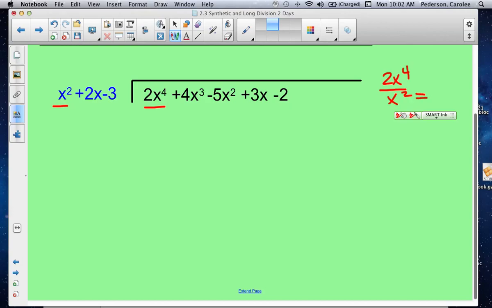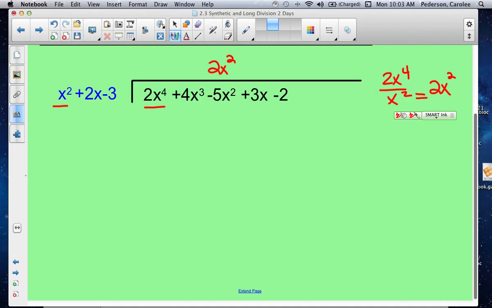What am I left with? Left with 2x to the 2nd. So that's what's going to go up on top. And now we multiply that 2x squared to the 3 terms in that blue quadratic.